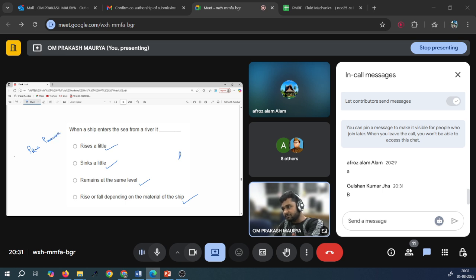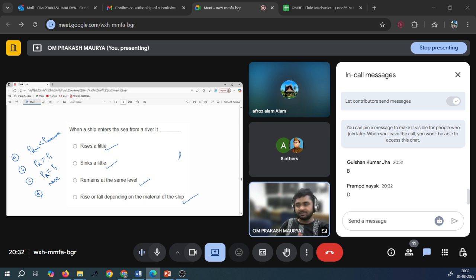the relation: option A is this one, option B, I am writing R and S, option C equal, option D none. So which option is correct?